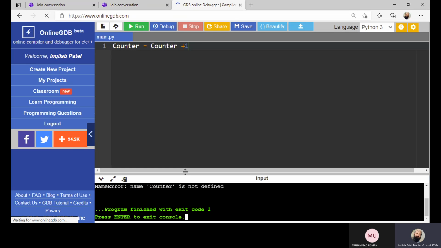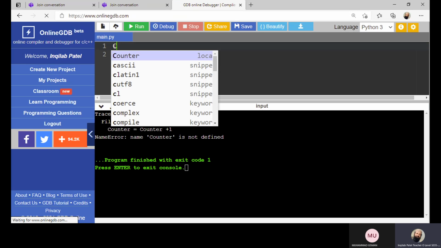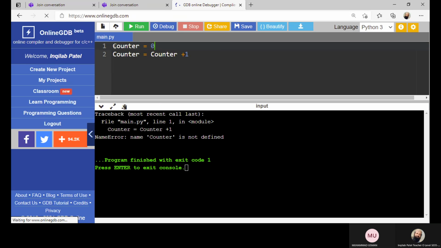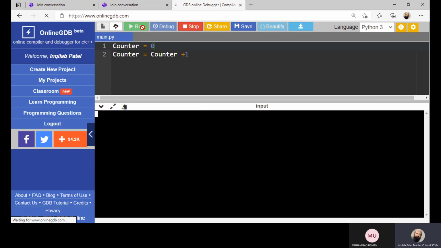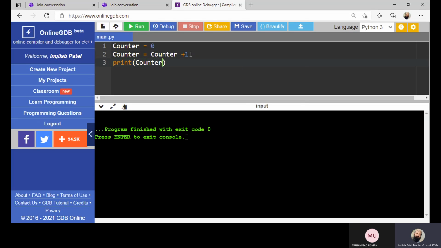Now it has produced an error. Now I am writing counter equals to 0, and then I am executing it. Now there is no error. So I am writing print counter, and yes, 0 plus 1 is 1, so it will be 1, right?